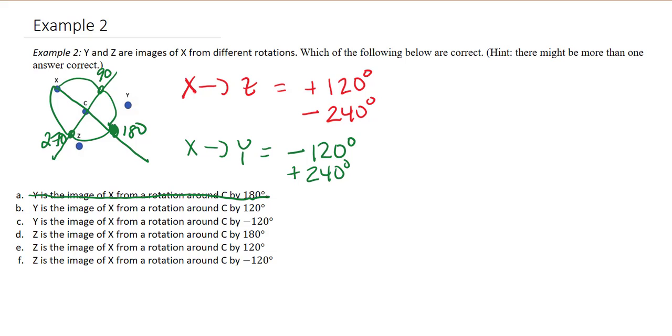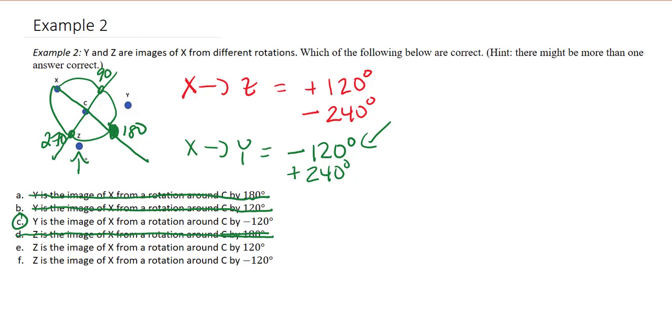Notice this is positive, and we decided that it should be negative because we're going to go clockwise if we go 120 degrees. So C would be the right answer because that's negative 120. Now let's look at Z. Z is the image of x from the rotation around C by 180. Once again, it's not where the 180 degrees would be, so we can cross that out. It's not an answer because 180 should be right there, and we see Z is right there.